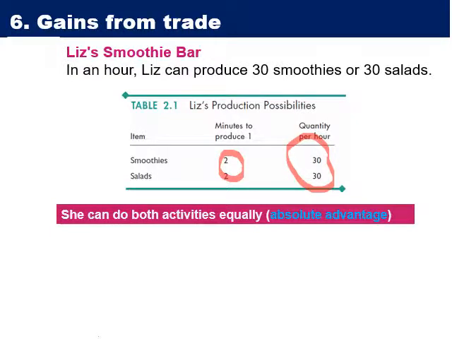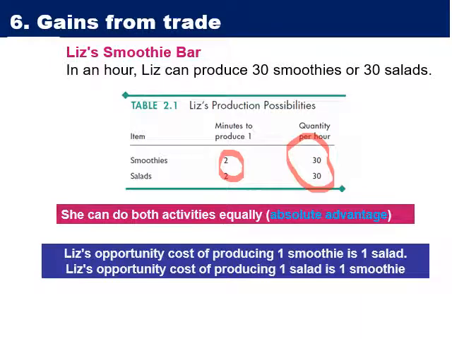Now let's see the opportunity cost of Liz if she decides to increase production by an additional unit of smoothies. To increase smoothies by one unit, she must decrease the production of salads by 1 unit. So her opportunity cost of producing one smoothie is 1 salad.